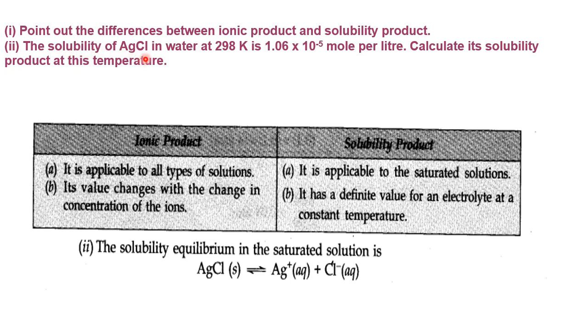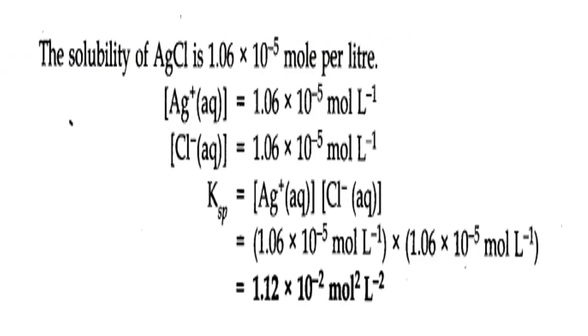The solubility of AgCl in water at 298 Kelvin is 1.06 into 10 to the power minus 5 moles per liter. Calculate its solubility product at this temperature. First, let us write the equilibrium reaction of AgCl into Ag plus and Cl minus. 1 mole of AgCl gives 1 mole of Ag plus and 1 mole of Cl minus. Okay, right. This you keep in mind.